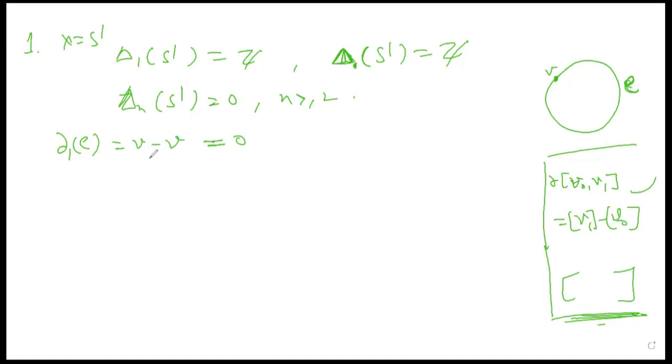So it means the kernel, Z1 S1, is simply Z, because the kernel is generated by this E, right?